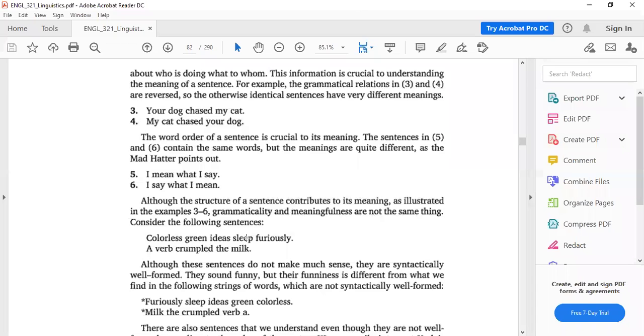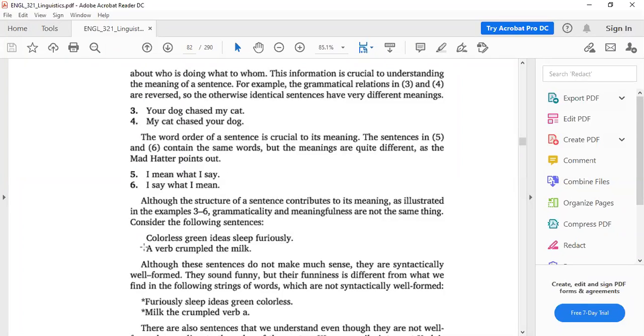Okay, so Chomsky used this sentence to show that grammaticality is one thing and meaningfulness is another thing. He said that this sentence is perfectly fine at the level of syntax. Syntactically speaking, it is well formed, it is grammatical, but semantically speaking, it is not.